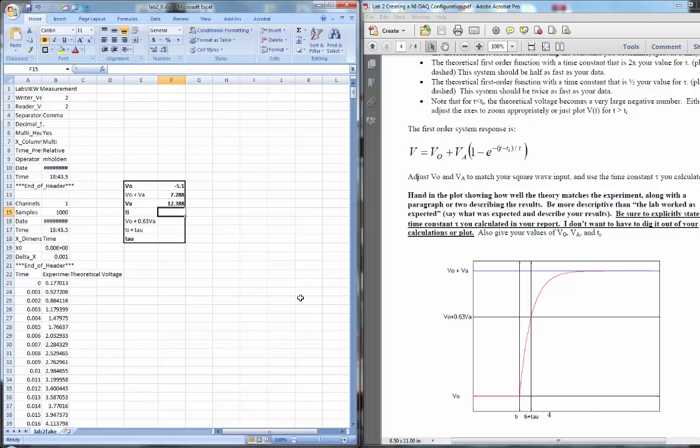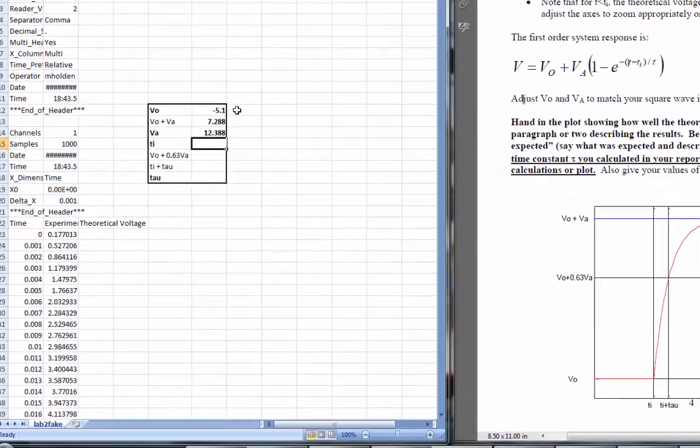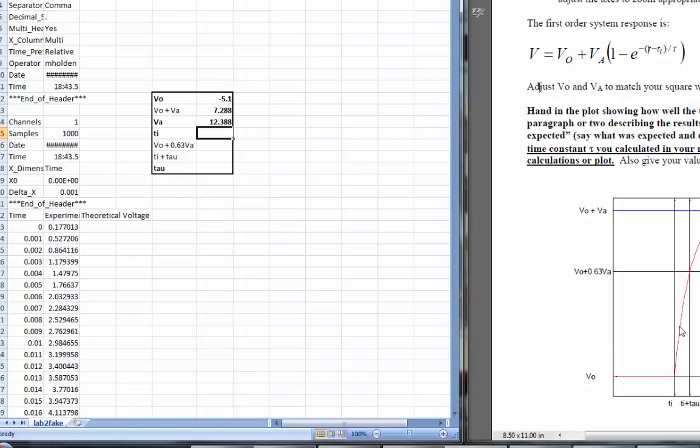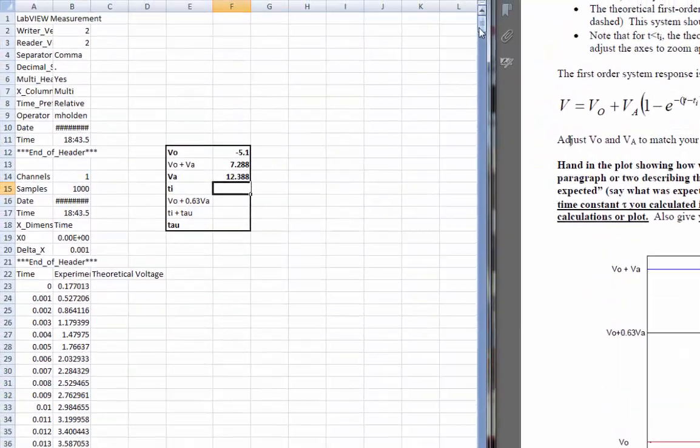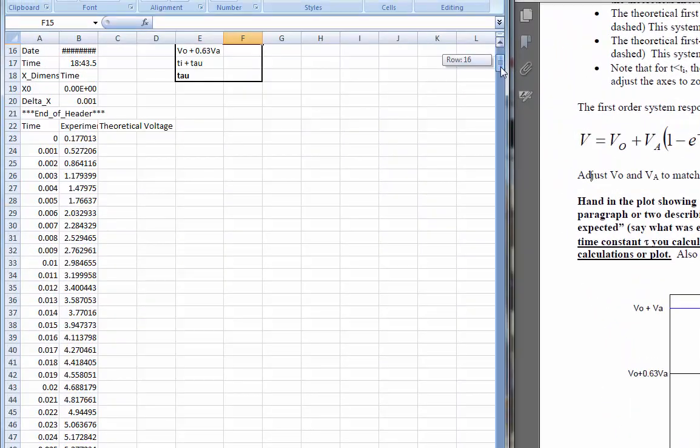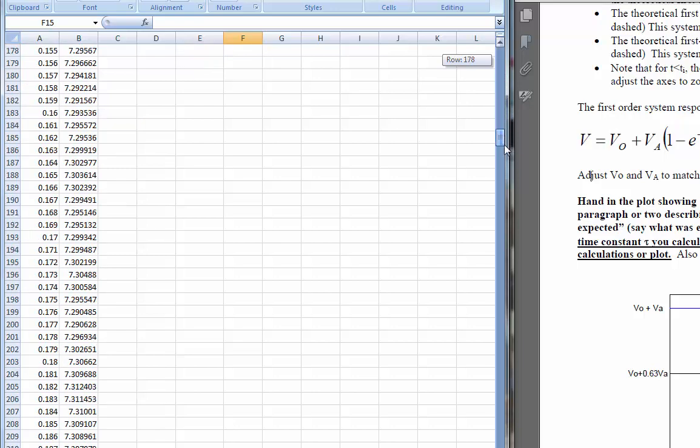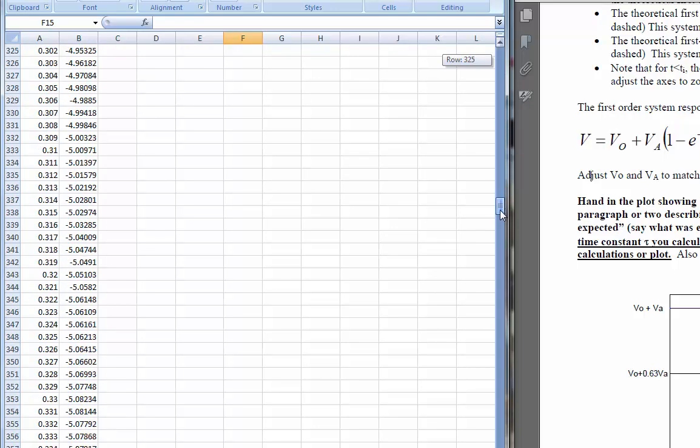So the next thing is TI. TI is defined down here on the x-axis as the time when the voltage just starts to rise. So it was hanging out at these -5.1 levels, and then just when it goes up to there, and I can read the time right off the column. I could also zoom into a plot if I wanted to, but I'm going to look here. So again, I'll go down to my -5.1s.